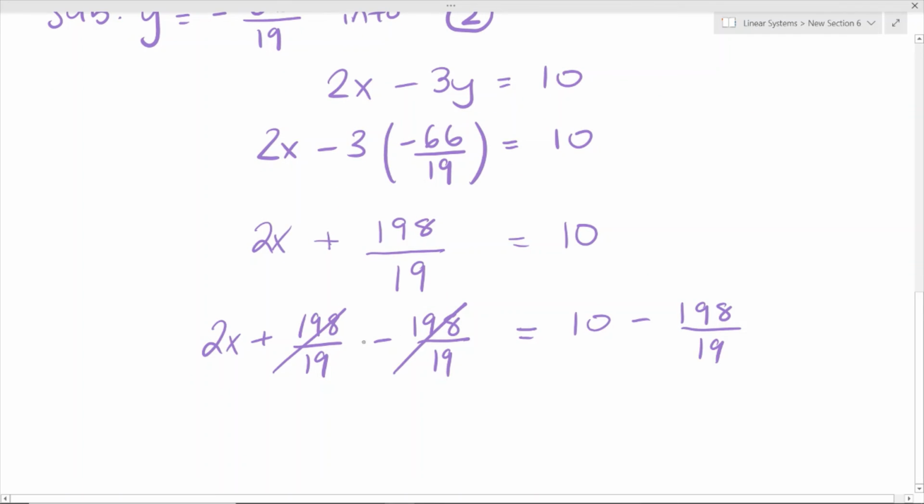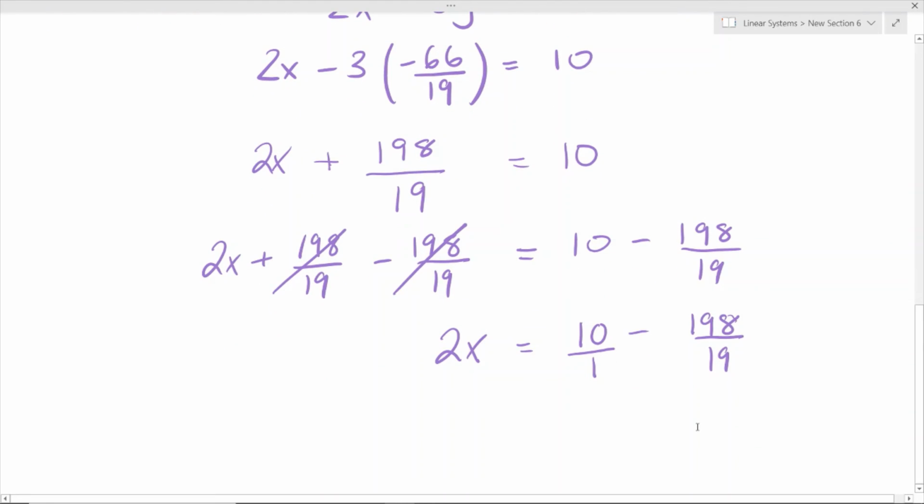And then here, you can copy 2x, so it's just going to be 2x is equal to 10 minus that fraction. And from here, we can recognize this 10 as being 10 over 1, right? Let's simplify this first.